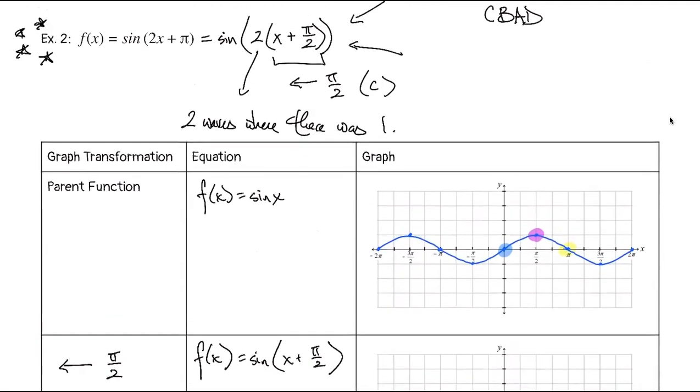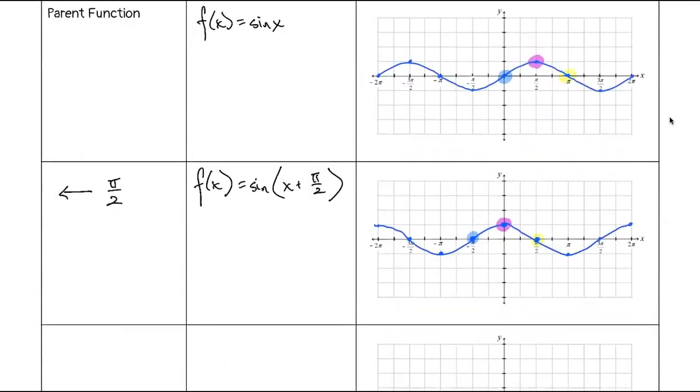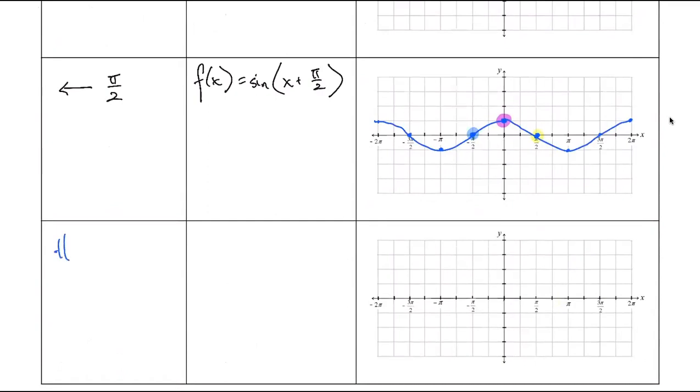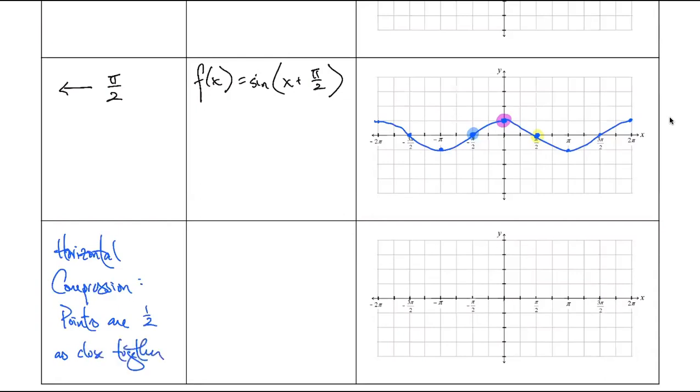Now, our last thing was we're gonna do 2 waves where there was 1. So a horizontal compression, that means the points are half as close together. So we're squeezing everything in, but where do we squeeze from?